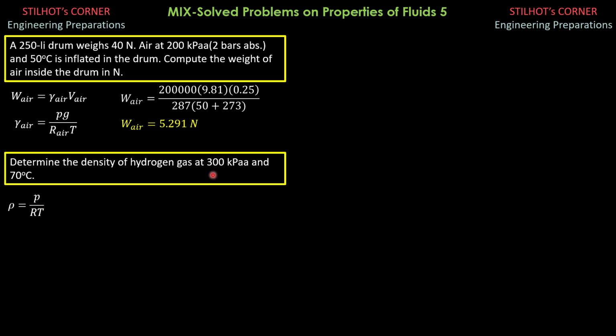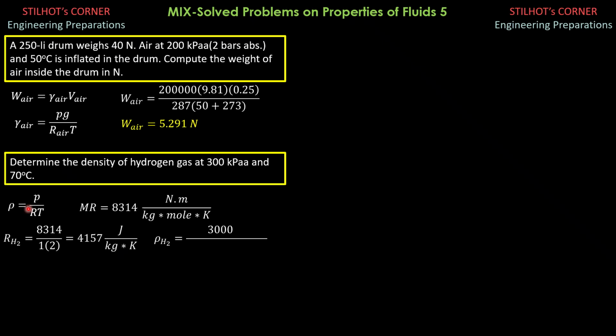Density: pressure is 300,000 pascals absolute divided by R. The universal gas constant is 8314 joules per kilogram mole kelvin. So the gas constant of hydrogen is 8314 divided by 1 times 2, which is 4157 joules per kilogram kelvin. Substitute into this formula.